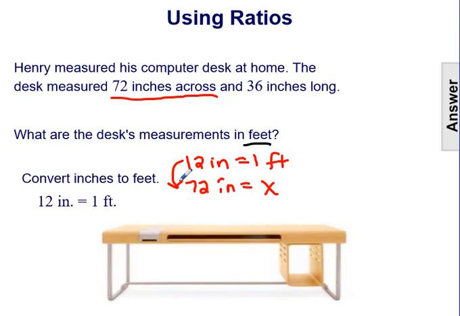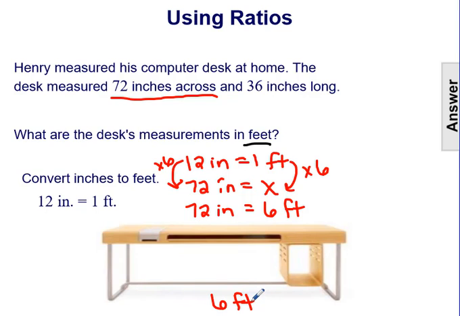Well, trying to get from 12 to 72 would be by multiplying by a factor of 6. You could always do 72 divided by 12 to help you with that. So let's multiply 1 foot by 6 to find out that 72 inches is going to equal 6 feet. So across, this desk is 6 feet long, or wide.